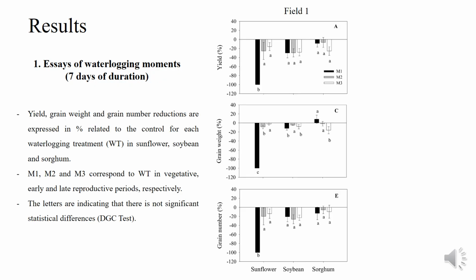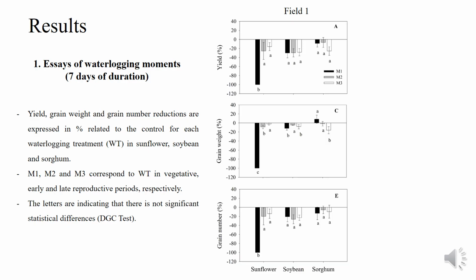So about the results, we separate them in two sections. In this slide, we are going to see the results for waterlogging moment, which means 7 days of duration of waterlogging.